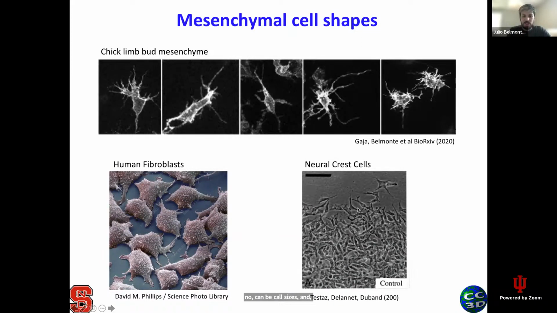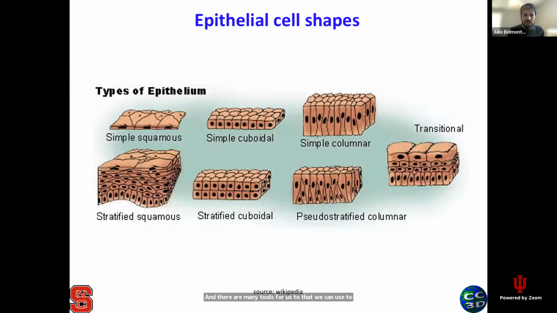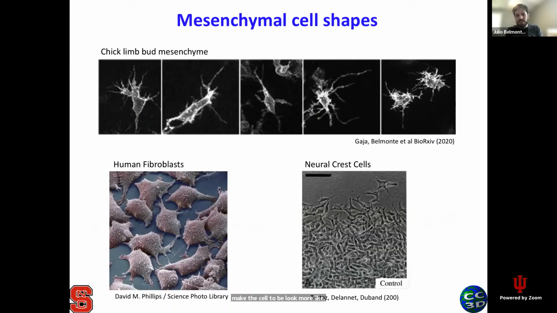Okay, so we can use CompuCell to try to regulate the shape of the cells that you are modeling. And there are many tools that we can use to make the cells look more like epithelial cells or more like mesenchymal cells. Okay, and we're going to be exploring that.